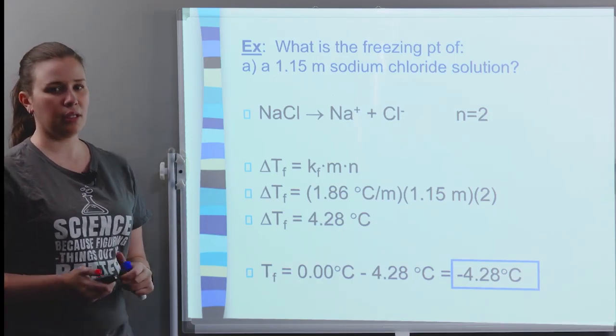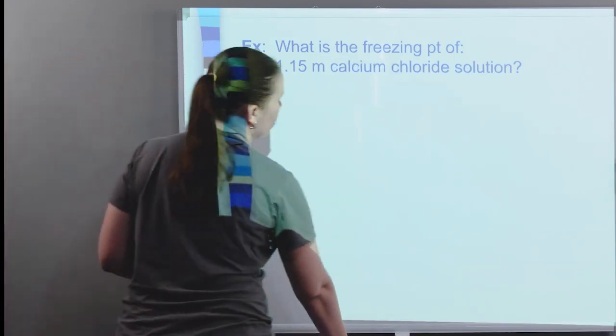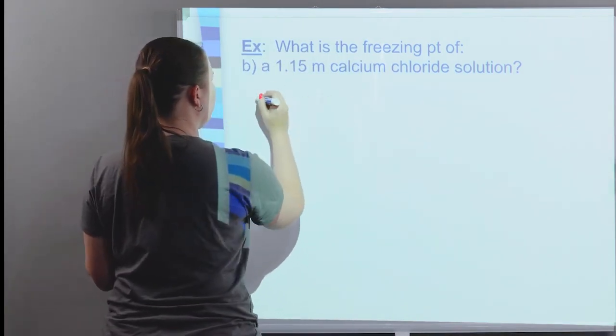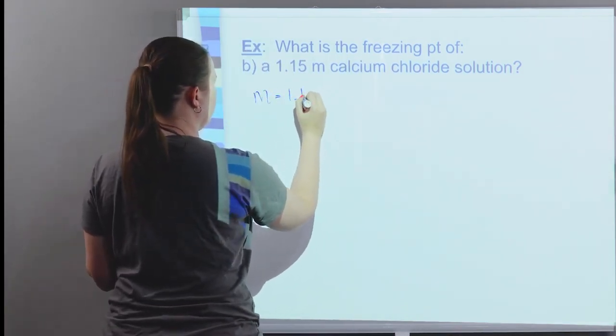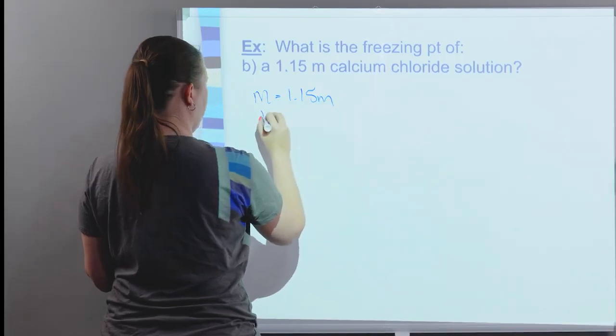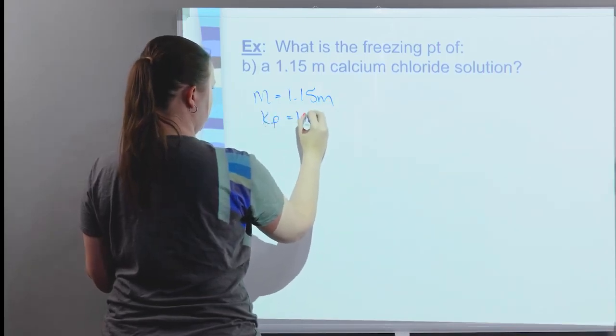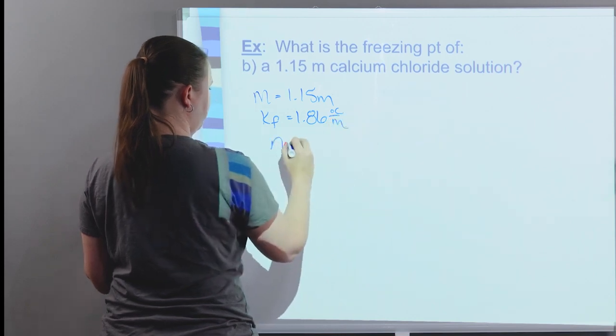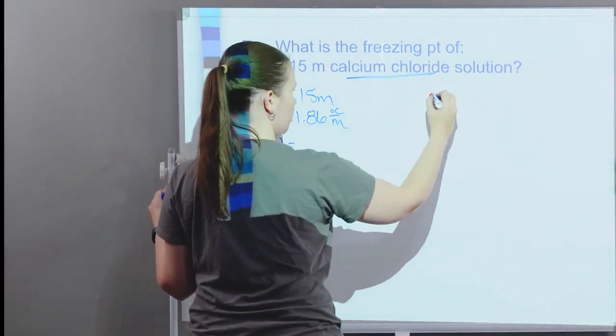All right, let's look at a slightly different question. The only thing I'm going to change here is the substance itself, calcium chloride. So I still have the molality of 1.15 and the Kf of 1.86. But now I need to find the n for calcium chloride.